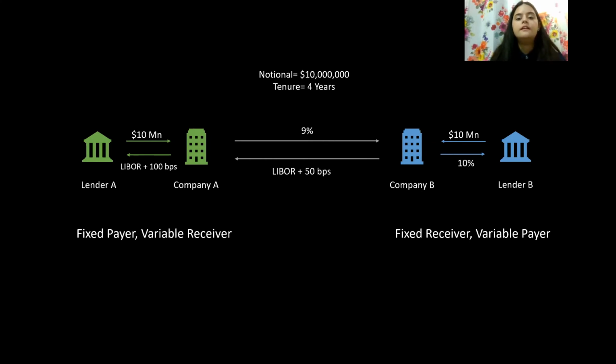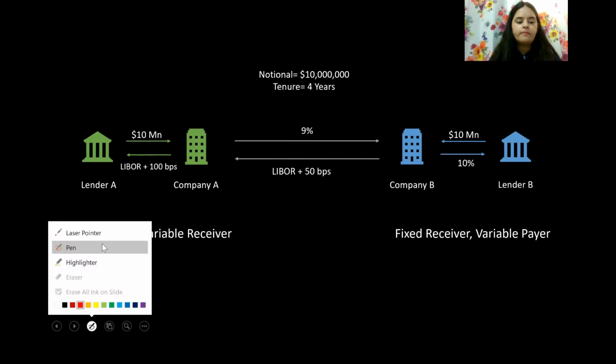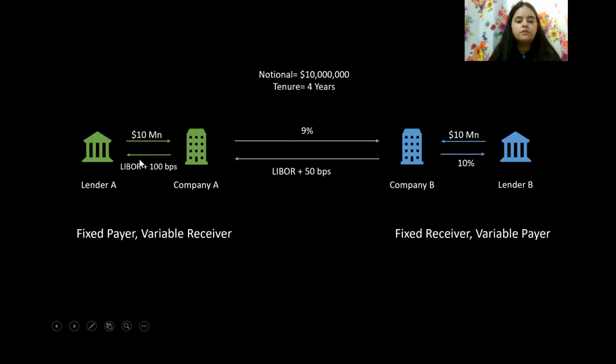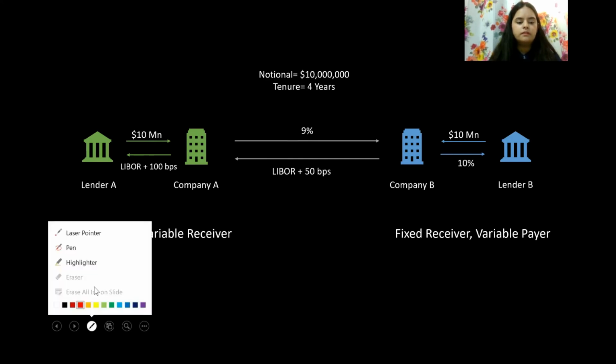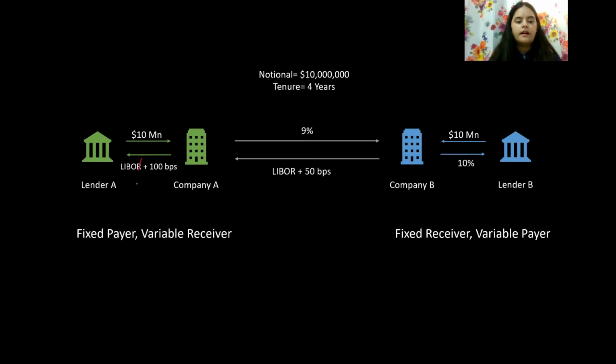So it is effectively paying a fixed interest rate because this variable payment is offset with this variable payment. Here, let me show you. LIBOR offsets LIBOR. So effectively it is paying 100 minus 50, that is 50 bips on $10 million.